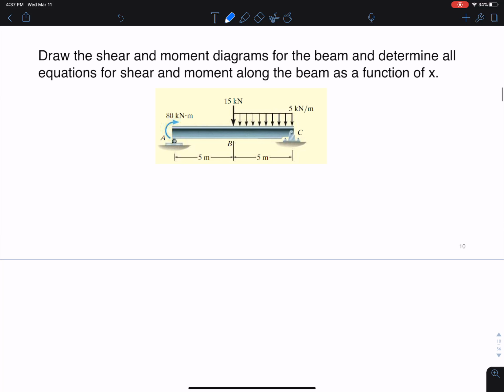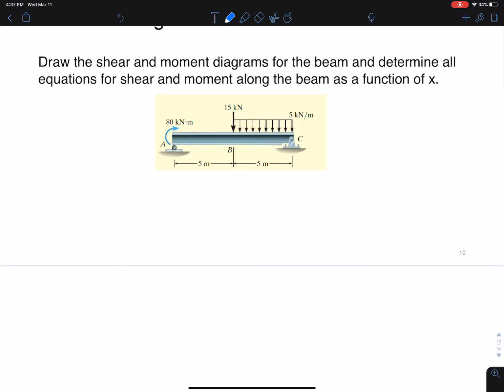So what's happening here is we want to draw the shear moment diagrams for the beam and determine all equations for shear and moment along the beam as a function of x, okay? So let us start by summing the moments about point A, setting them equal to 0, okay?